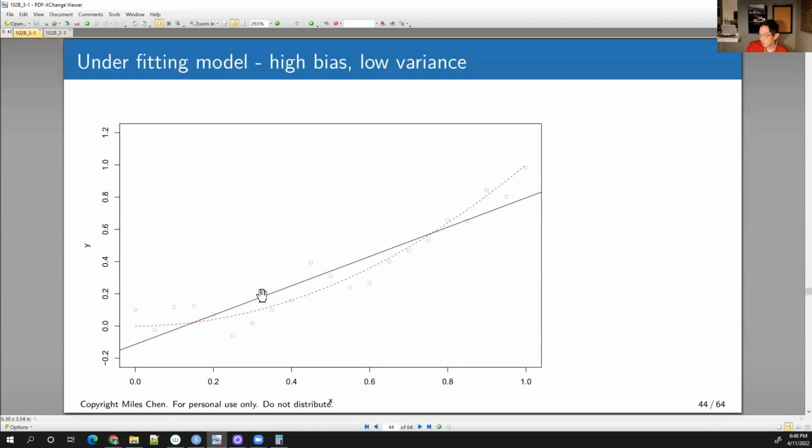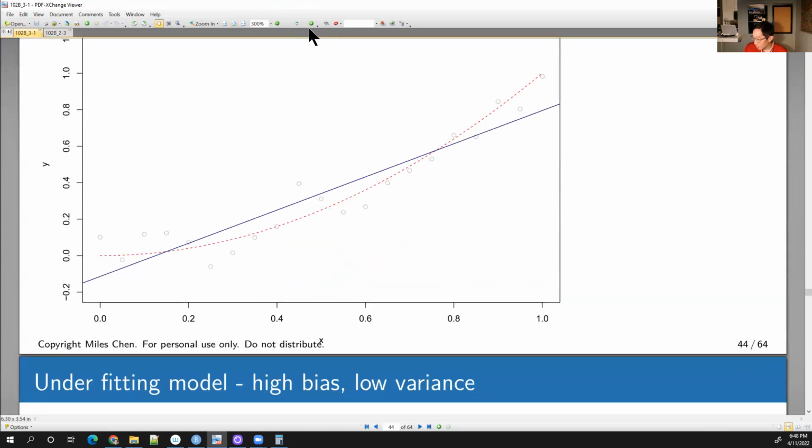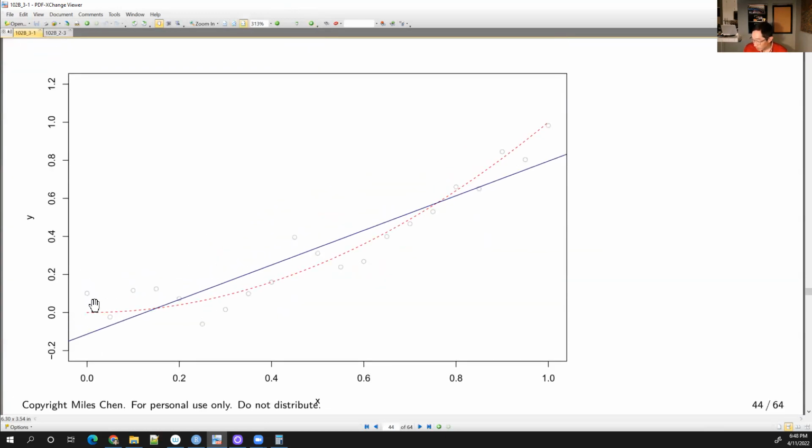Can you see these light gray points? The true relationship is the dotted red line. Because of random noise, the data that we observe is this, and now we fit a straight line to these light gray points, and we get this.